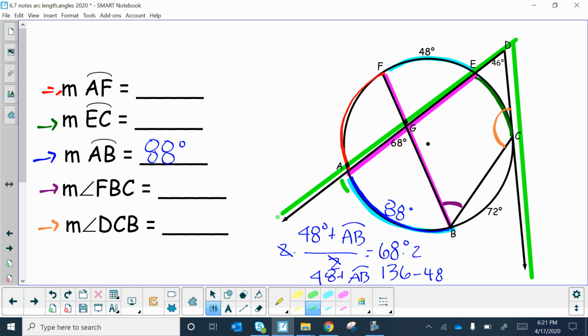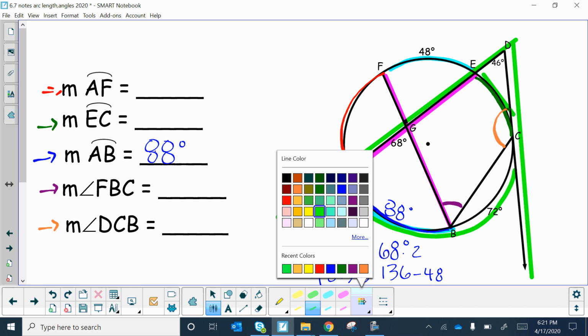Remember, that's related to this big arc minus the small arc right there. And so this big arc in green is, let me get my green pen, 88 plus 72. So 88 plus 72 is 160 degrees.